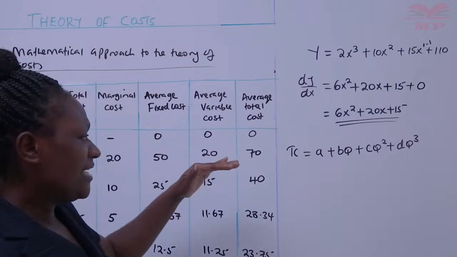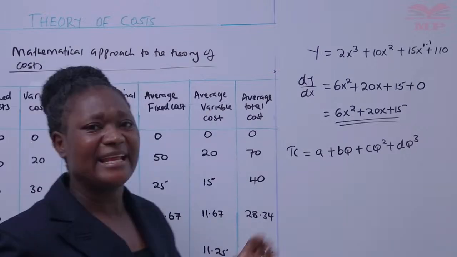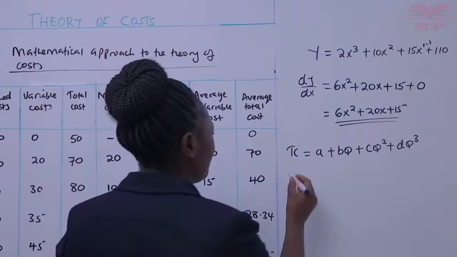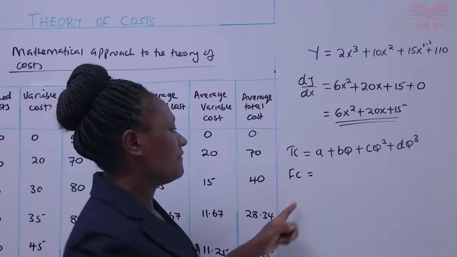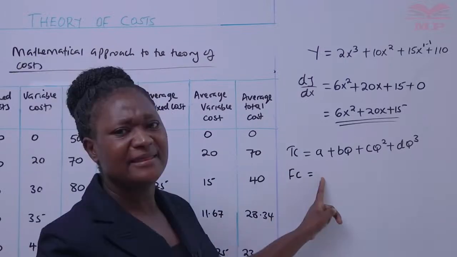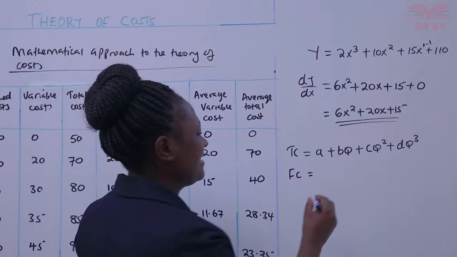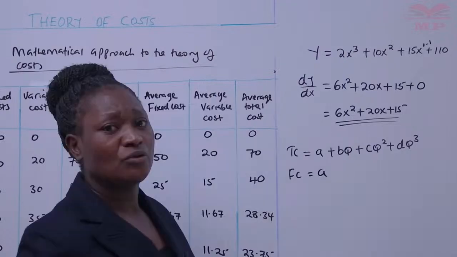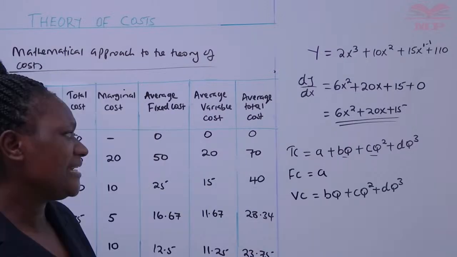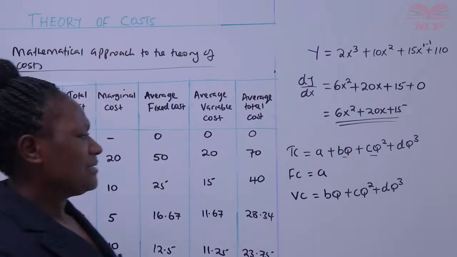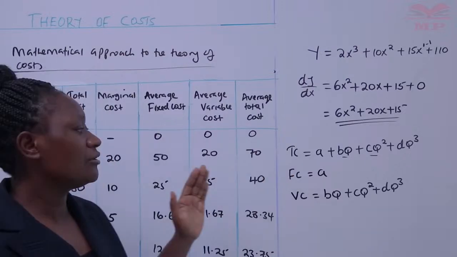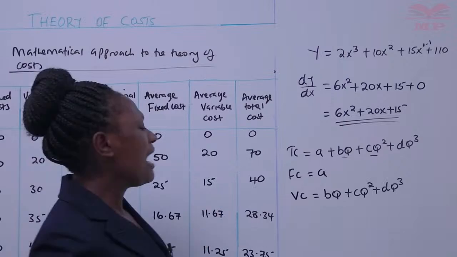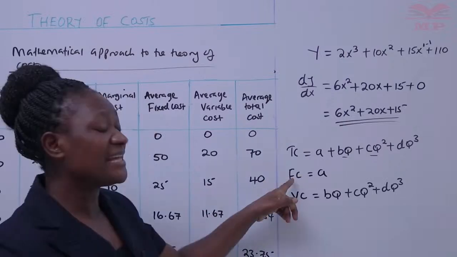A cubic function is simply a function whose highest power is 3. In this case, when you are told to determine the fixed cost function, fixed cost simply refers to the constant part of that function, and in this case it is just equal to A. Sometimes you can also be told to calculate the average fixed cost.